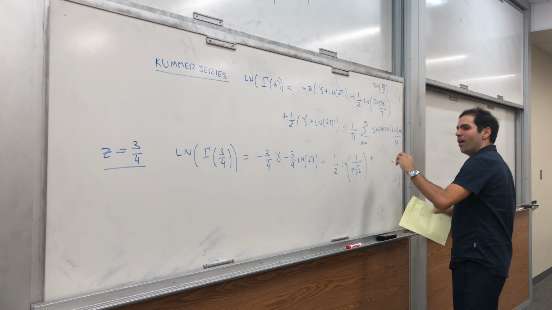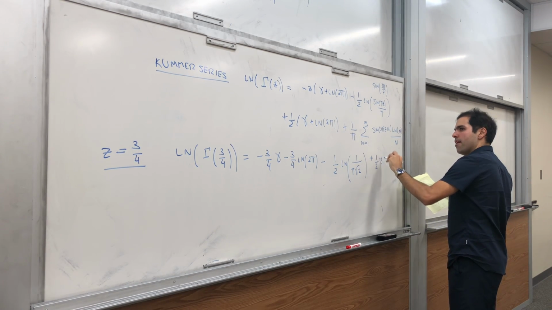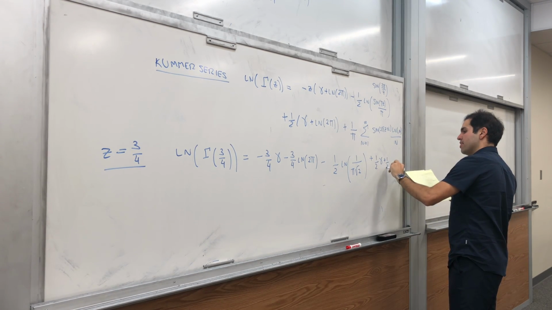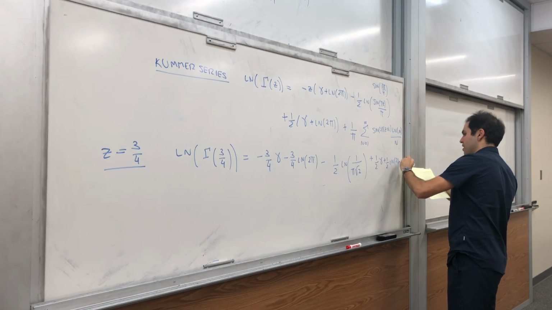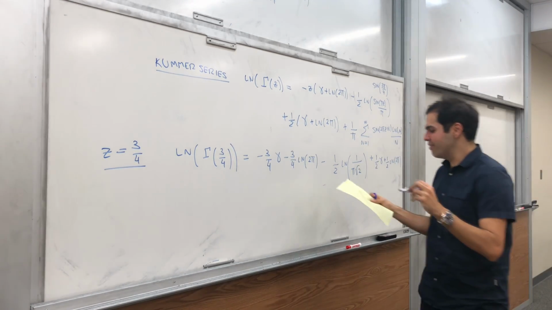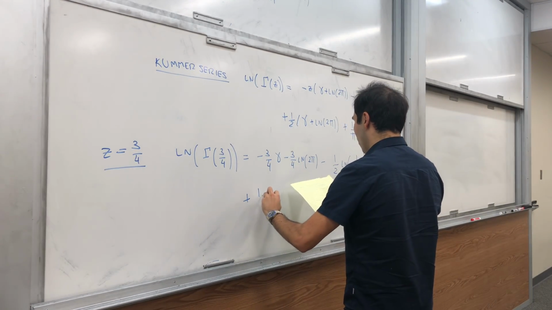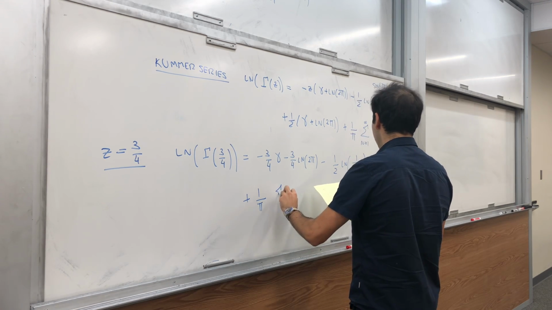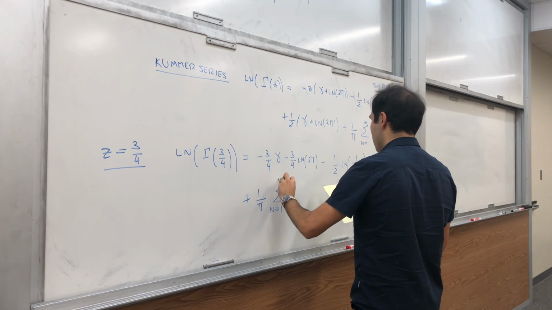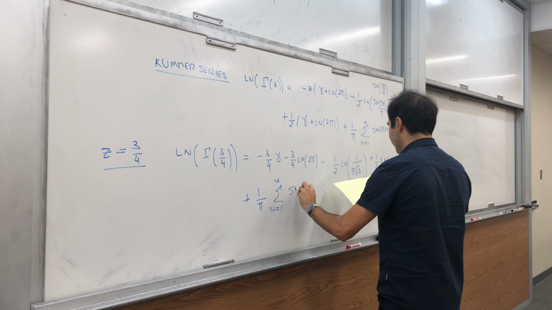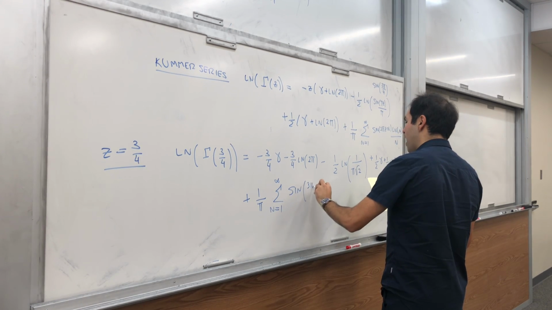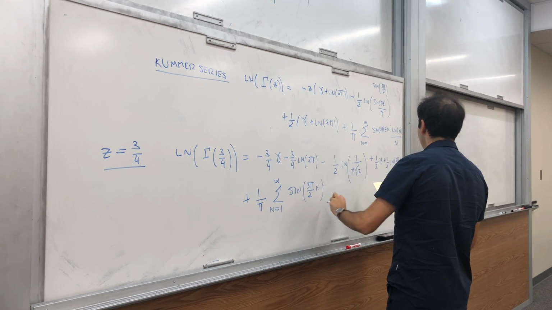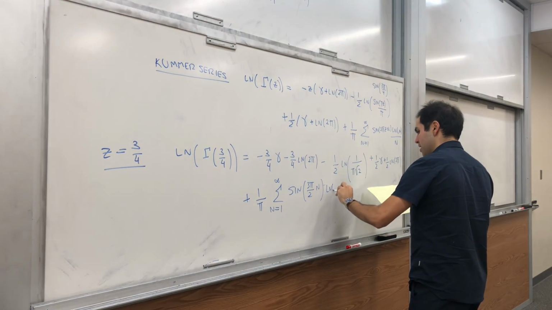So plus 1/2 gamma plus 1/2 ln of 2 pi. And the stuff that we want, so plus 1 over pi sum from 1 to infinity of sine of 3 pi over 2 n times ln of n over n.